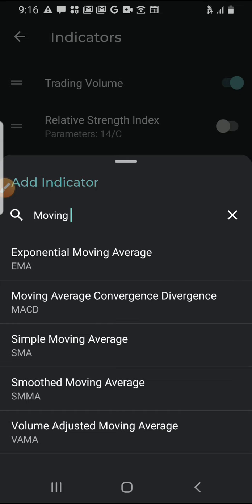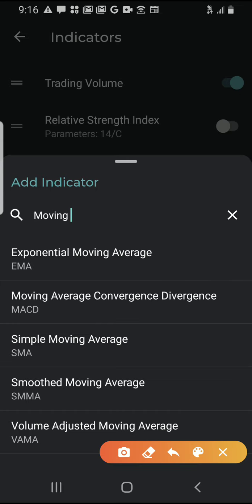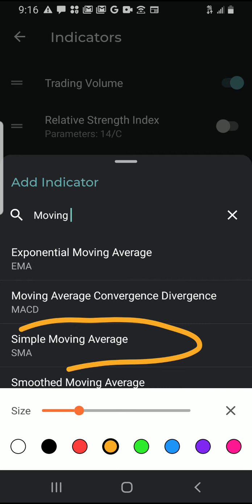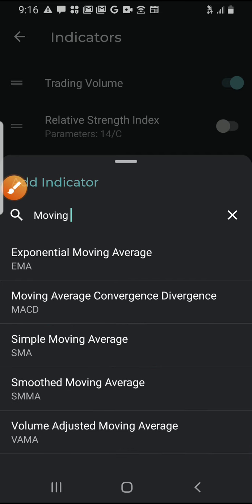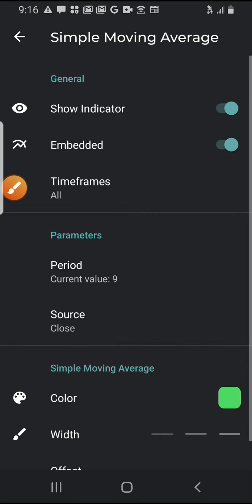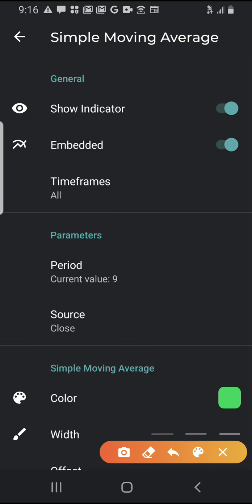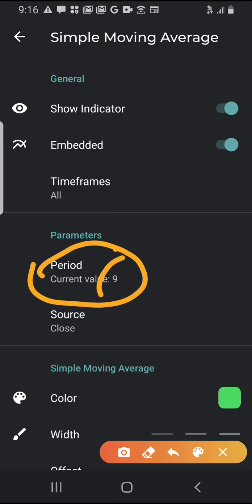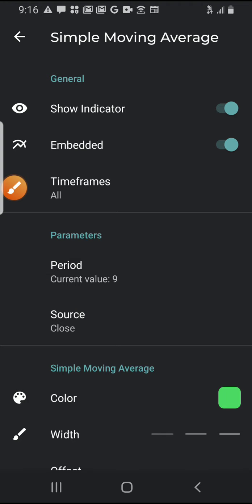Now let's say we want to add the SMA, for example, the simple moving average, and we click on it. Now you are seeing this place. It's saying current period is 9. That should not scare you.